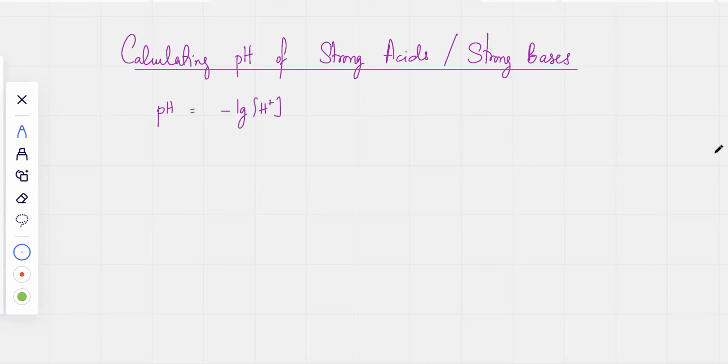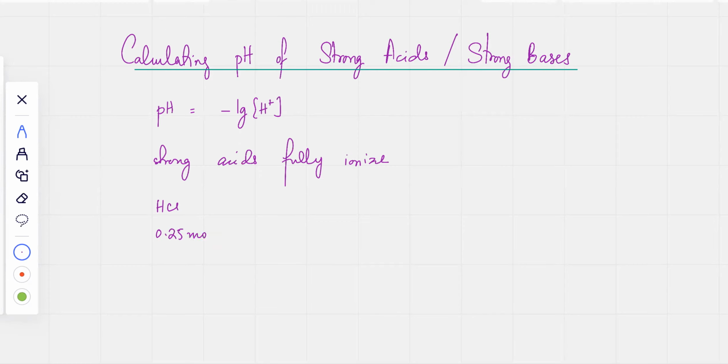The reason that's easy is that strong acids fully ionize.